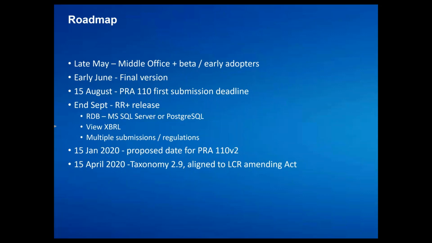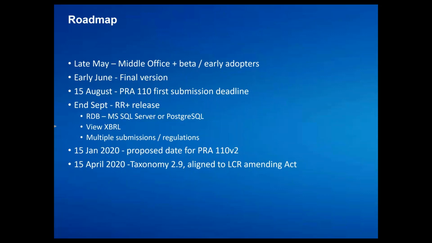End of September, we will be releasing Reg Reporting Plus, which is our new Reg Reporting product for all new taxonomies, and for the PRA 110 version 2, you will require Reg Reporting Plus. It's important for us to develop that in a new technology.